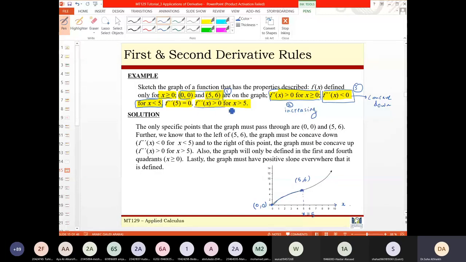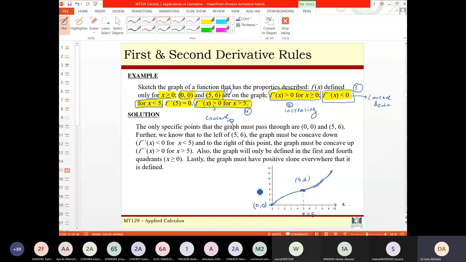And the same thing لما greater than 5, this is information number 4, the function is concave up. So أكبر من 5 it's gonna be concave up, and this is how the graph looks like.